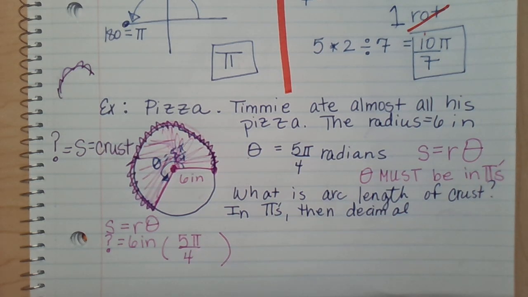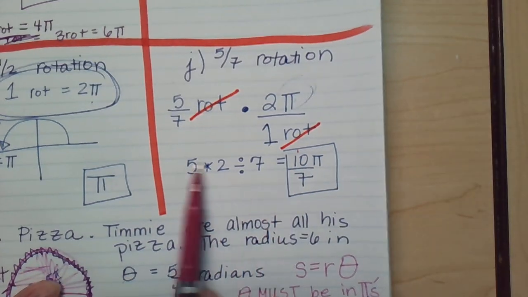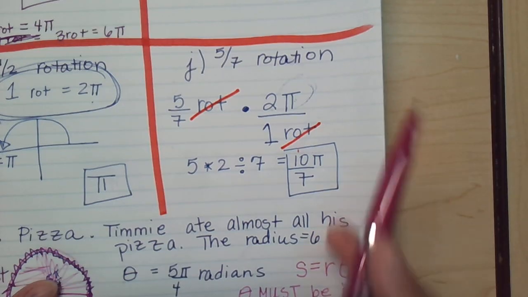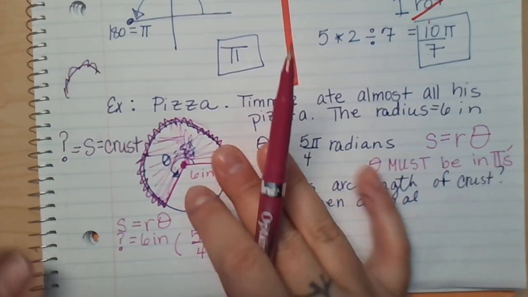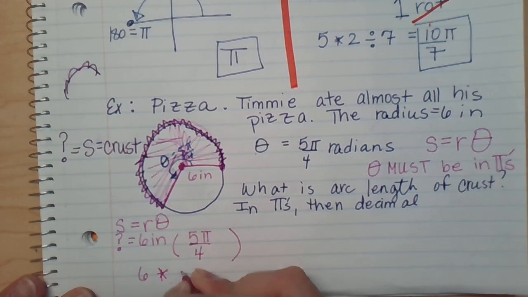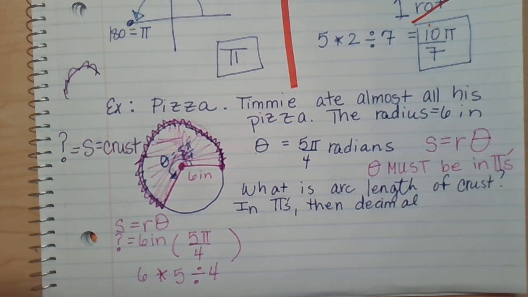Okay, so let's multiply this. We're going to do it the same-ish way that we were doing this before, where we multiply the top and then divide by the bottom number, but don't touch the pi. It looks kind of scary, but you're going to do 6 times 5 divided by 4, and then we're going to slap a pi on it. So 6 times 5 is 30, divided by 4.